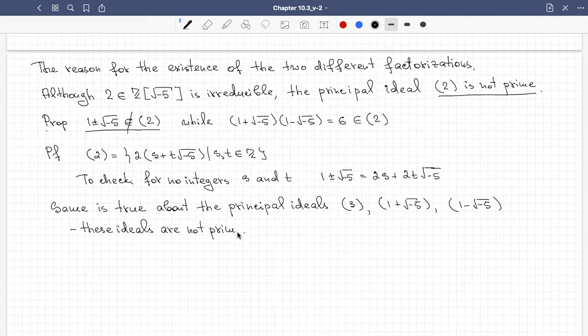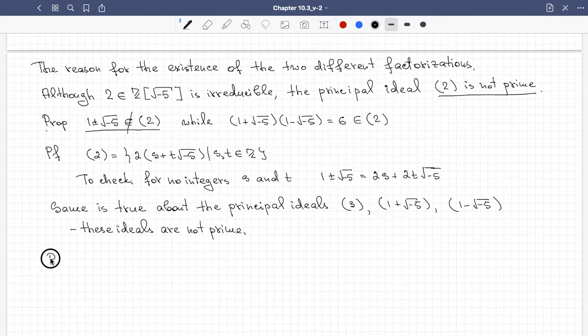Well, it is not interesting to check for 3. It is immediate, as for 2. The same argument will work. Let me check it for 1 plus root of negative 5.